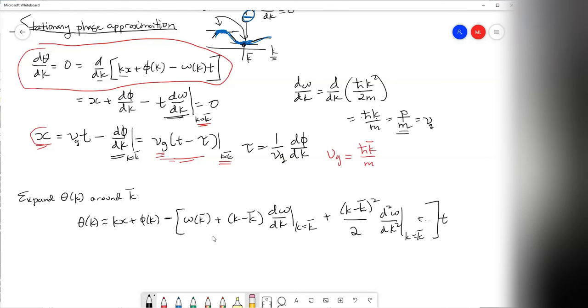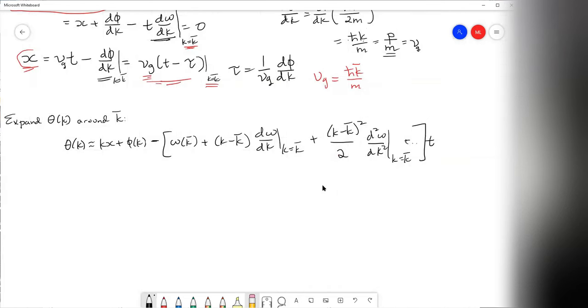And when we substitute back into the wave function, what we find is that psi of x, t is now 1 over square root of 2 pi, integral dk. Here you've got the amplitude. This we can now evaluate at k bar.